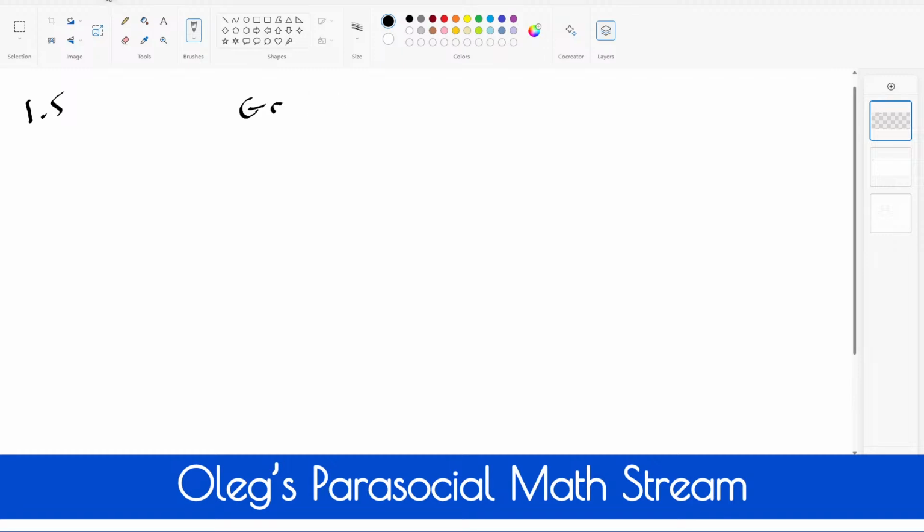I can write that a little better. The GCF of two numbers is the largest number that divides evenly into both numbers. For instance, 4 is the greatest common factor of 16 and 20 because it is the largest number that divides evenly into 16 and into 20.